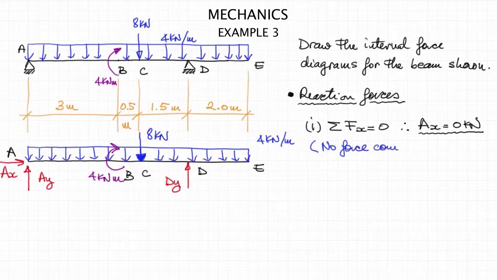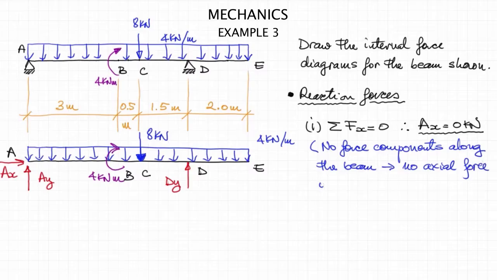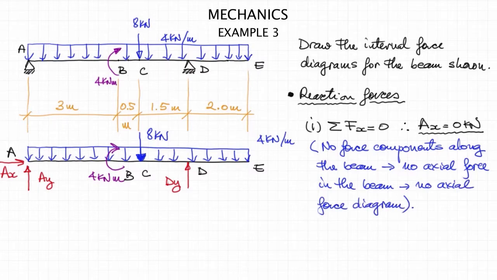That means, if we look carefully at the beam, that there are no force components along the beam that are horizontal. So therefore, there is no axial force in the beam, and hence we will not have an axial force diagram. All the axial force is 0.